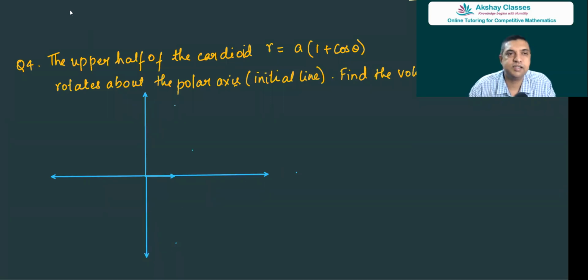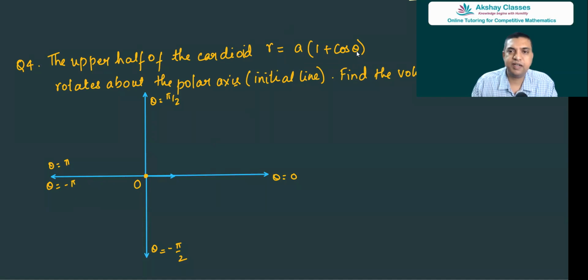All right, this is theta equal to 0, theta equal to pi by 2, theta equal to minus pi by 2, theta equal to pi. The same line as theta equal to minus pi if we go the other way around. This is the pole.